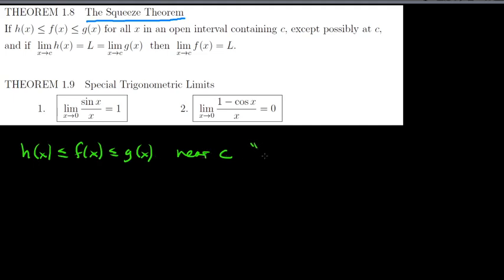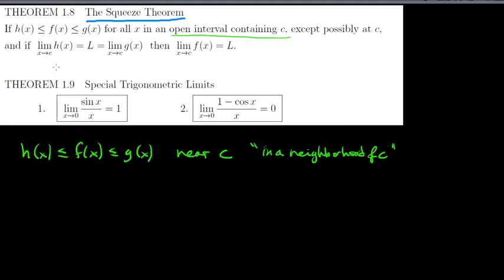Or sometimes, instead of an open interval containing c, you can also say in a neighborhood of c. So neighborhood is a mathematical term, actually. It just means nearby, in a neighborhood of c.